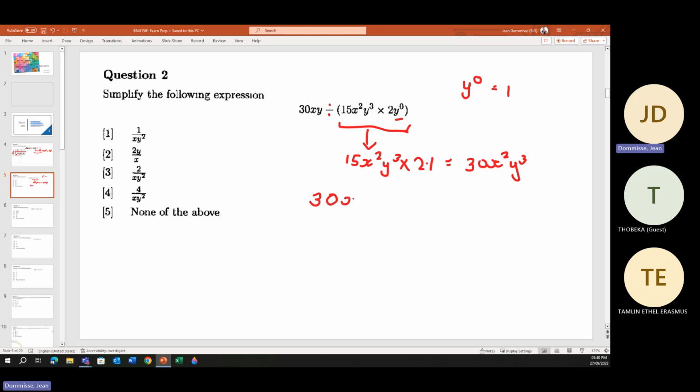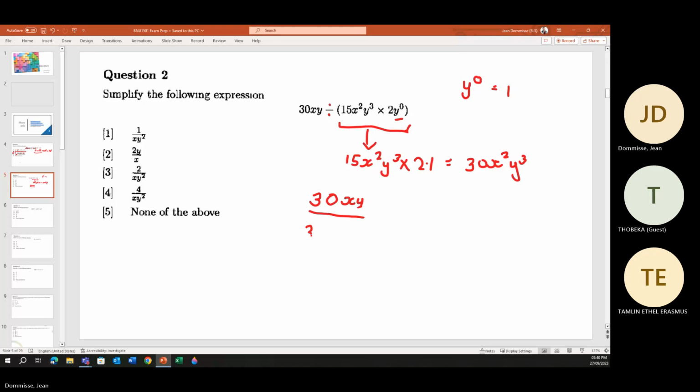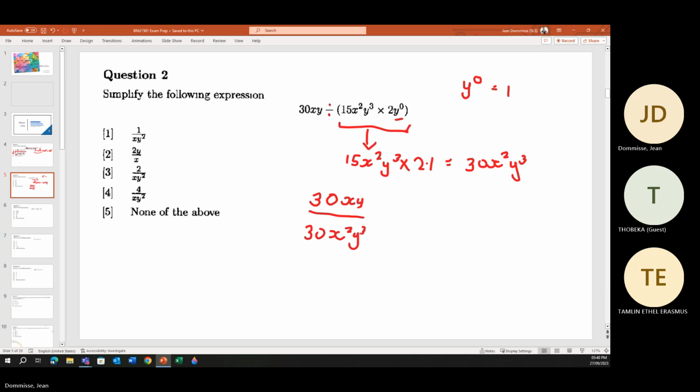If we just write it out in what we have currently, we have 30xy divided by what we've calculated here, the 30 x to the power of 2, y to the power of 3.